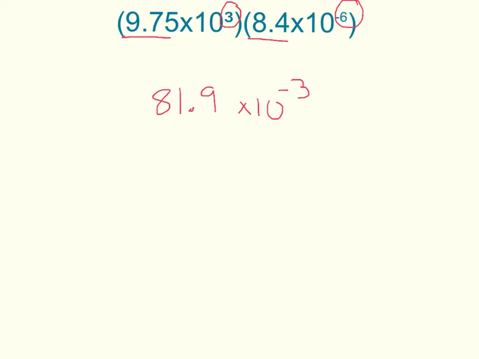And now we have to change to proper scientific notation. So we need to move the decimal. So it's 8.19. And if we decreased by moving the decimal one place, our exponent has to increase by 1. So times 10, and if our number increases, it really means a smaller negative, so it's to the power of negative 2.